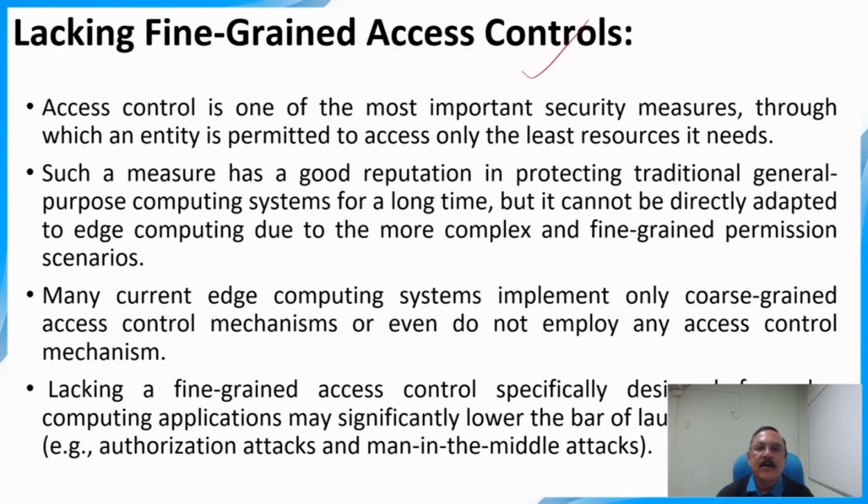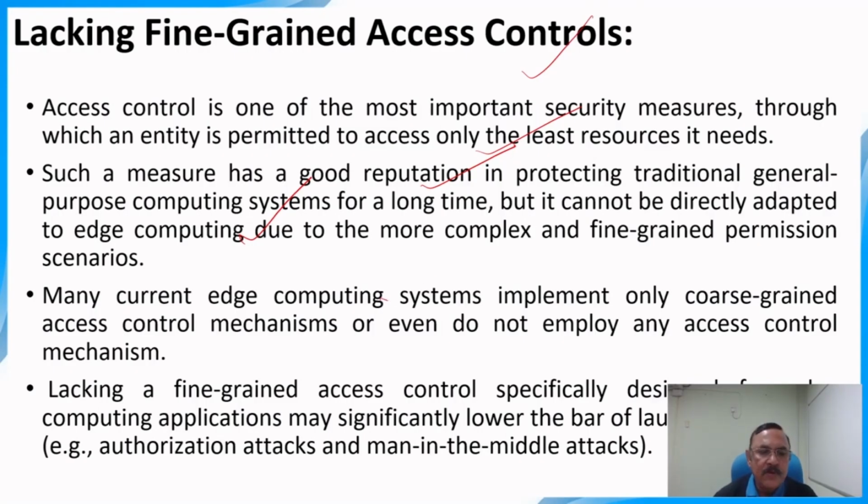Lacking fine-grained access control. Access control is one of the most important security measures, through which an entity is permitted to access only the least resources it needs. Such a measure has had a good reputation in protecting traditional general purpose systems for a long time, but it cannot be directly adopted in edge computing due to the more complex and fine-grained scenarios.